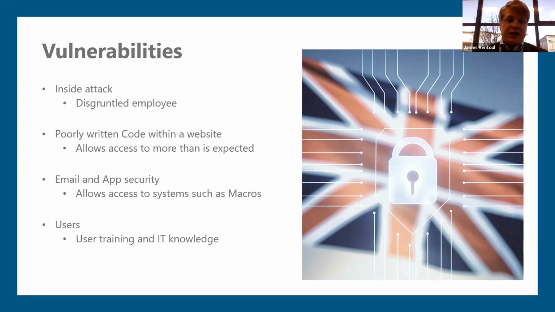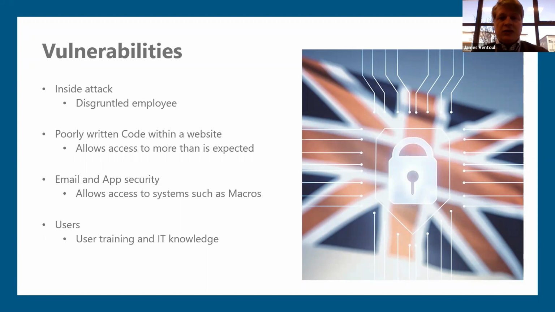Email and app security. This can be from patching your browsers on your endpoints all the way to your email security. So what do you have in front of your emails? Do you have an email gateway? Do you have any AI in front of your emails? Do you put policies in that control attachments, etc.? And then what about your users?